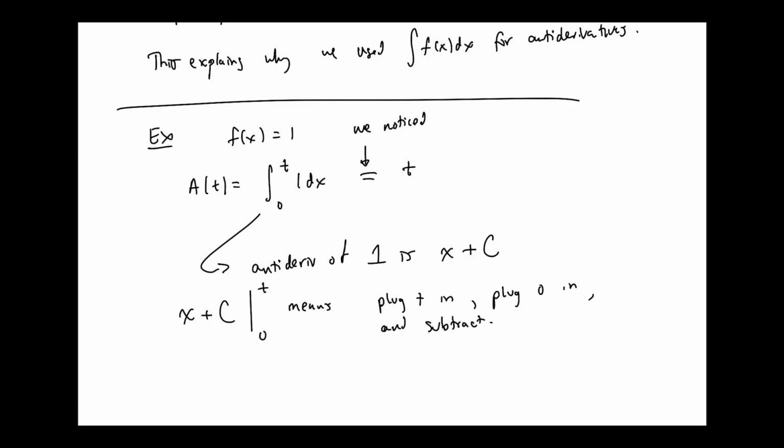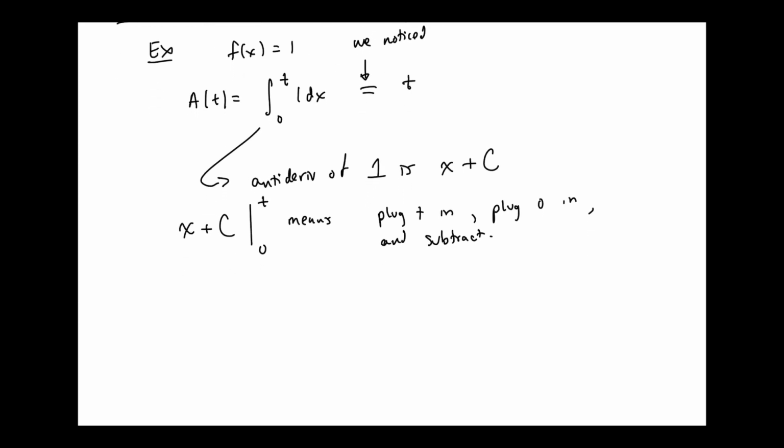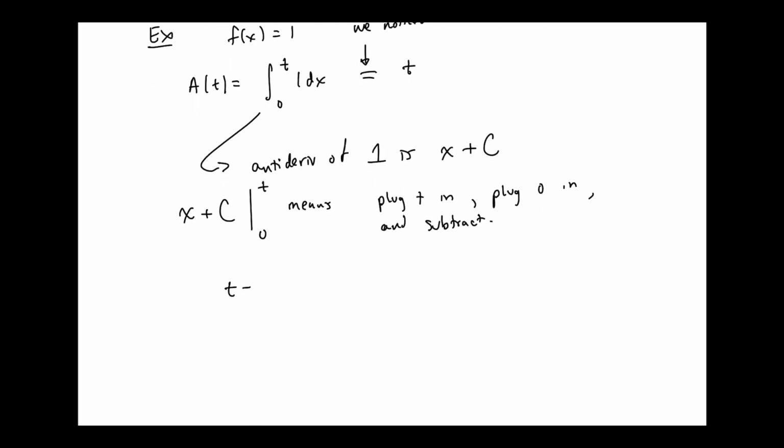This vertical bar means plug in the thing at the top for x, and you get something. Plug in the thing at the bottom for x, and you get something else. Subtract the second answer from the first one. In this case, what we would get is t plus c minus 0 plus c, that is the worst looking c ever.